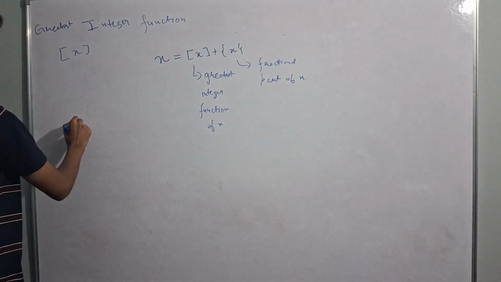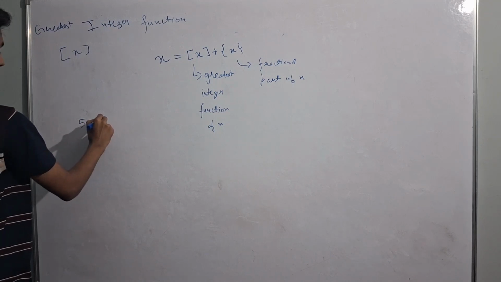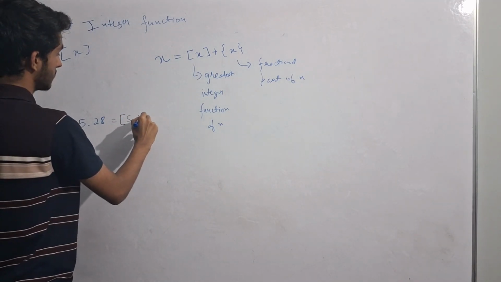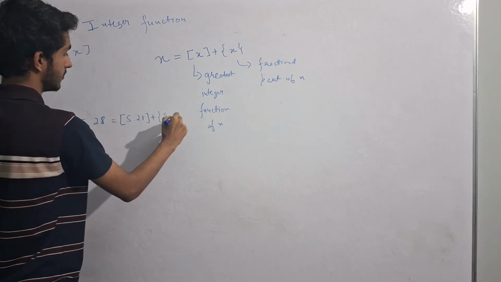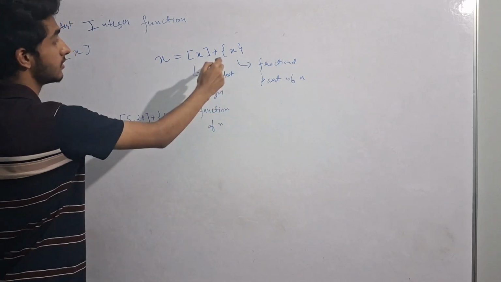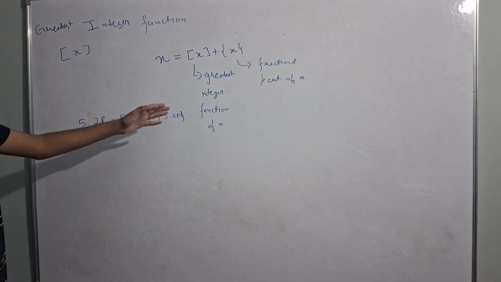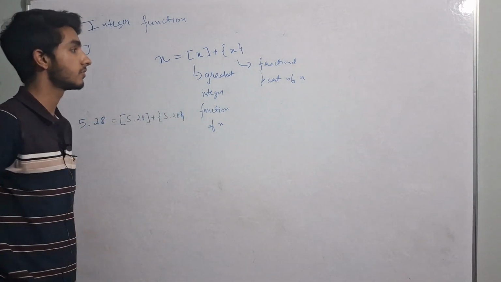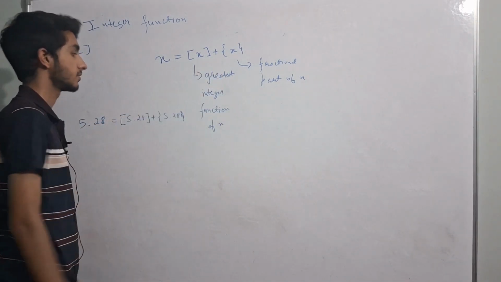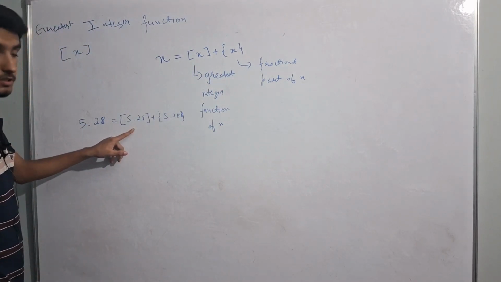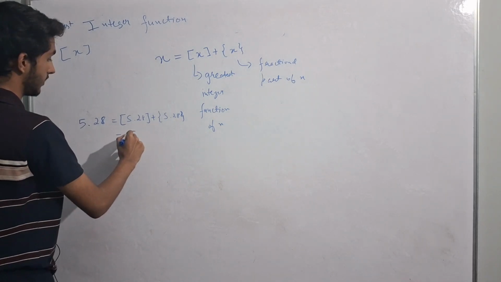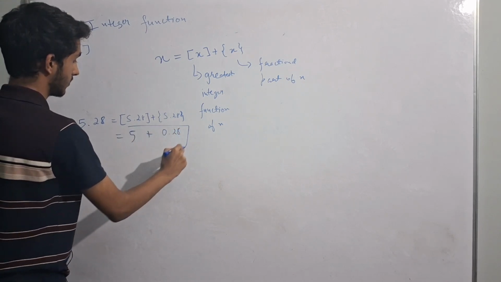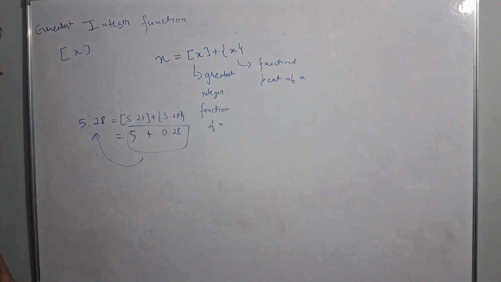So for example, if I take 5.28, it would be 5 plus 0.28. The brackets play a very important role in distinguishing between the greatest integer function and the fractional part of whatever number is given, x in this case. So the greatest integer function for 5.28 is 5, plus the fractional part 0.28. If you add them up, you again get 5.28.